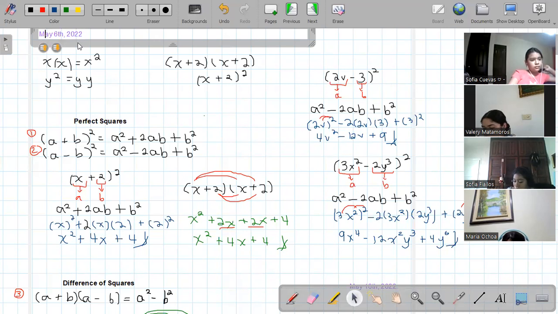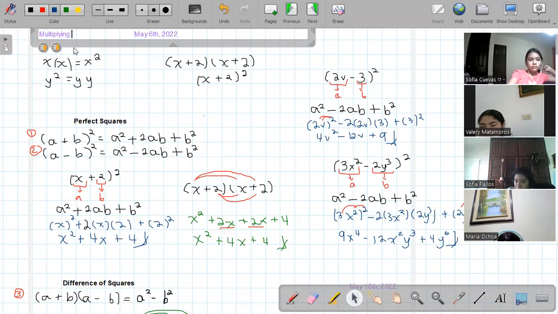So I'm going to give you a little hint of what we are calling the topic. It's called multiplying. Multiplying what? Perfect square. But what is that perfect square?